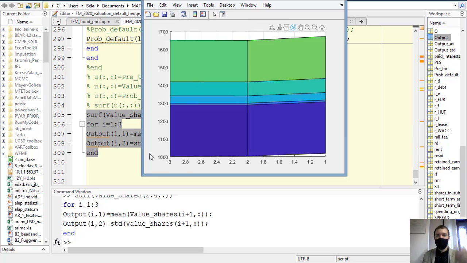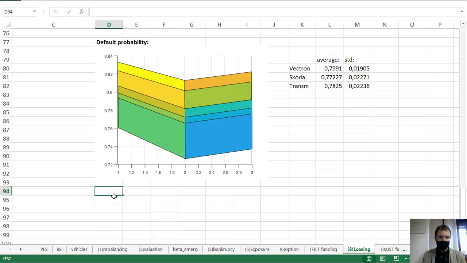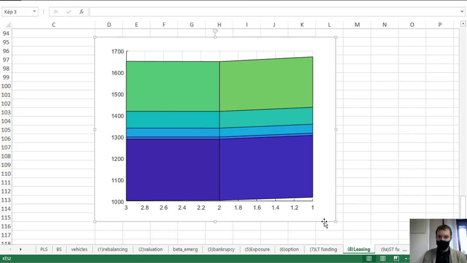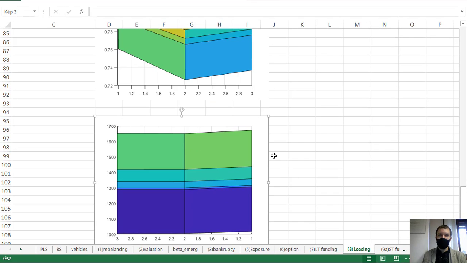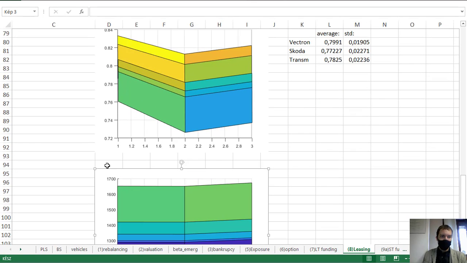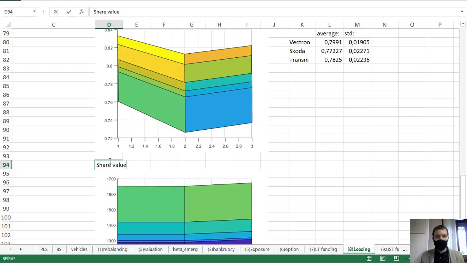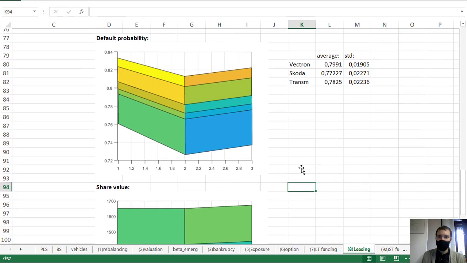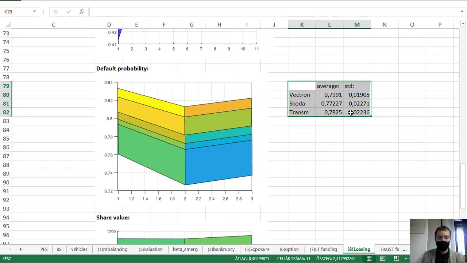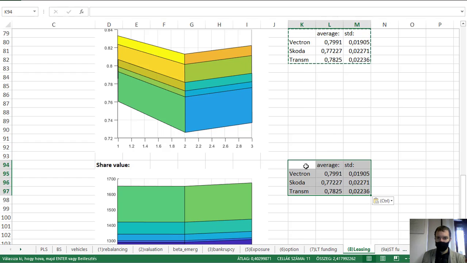Now it's much better to see the visual representation, not just look at the numbers, because in many cases it's nice to use your eyes.